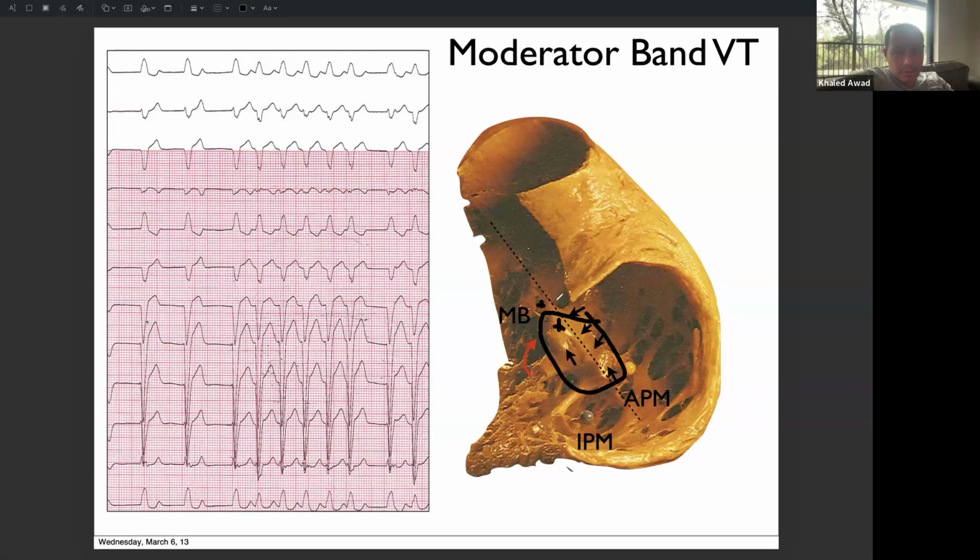I remember we had one when I was a fellow that was coming from the superior-ish or free wall side of the moderator band, not the cavity side. It was coming from the other side. And if we didn't put the catheter there, nothing happened. We ablated and tried everything, and nothing happened until we actually got into that spot. Idiopathic VT, if you are in the right spot, it goes away very, very quickly.